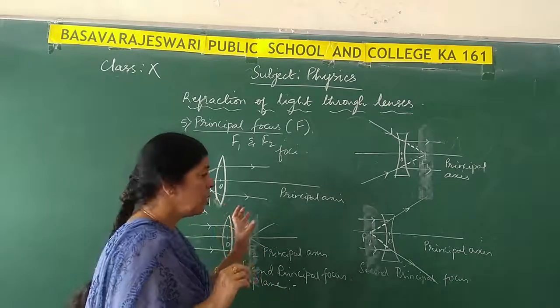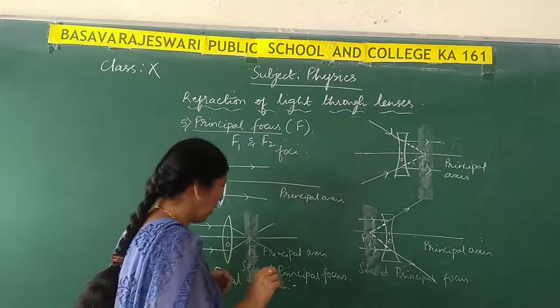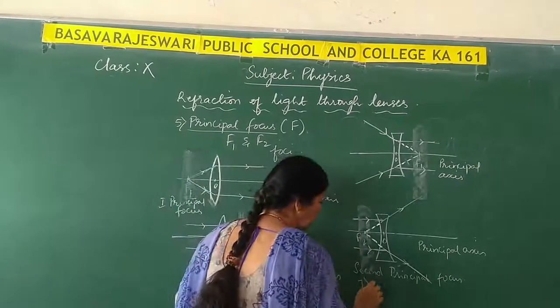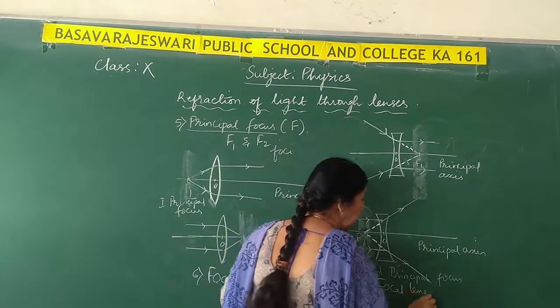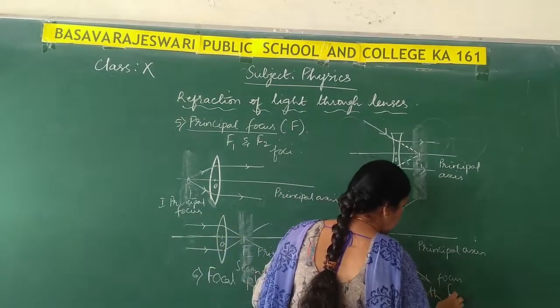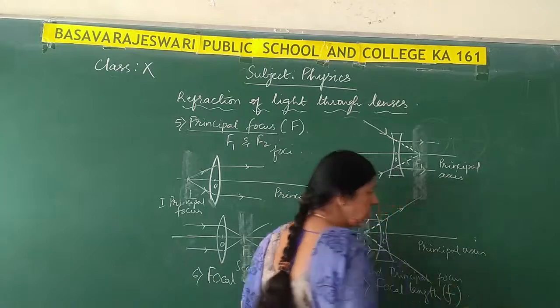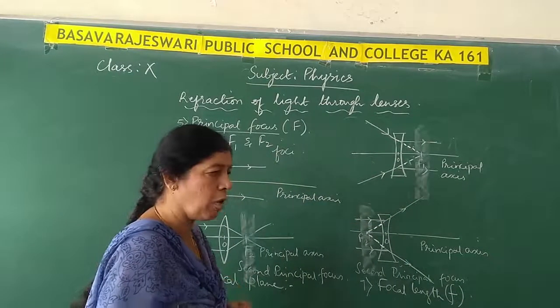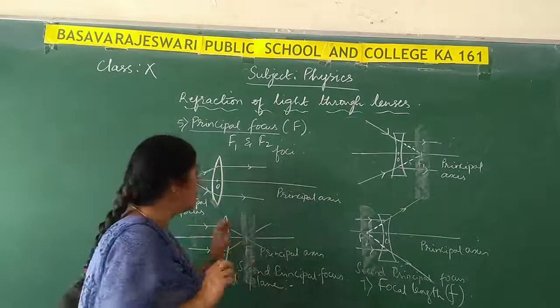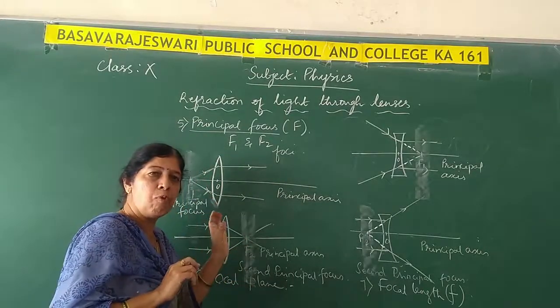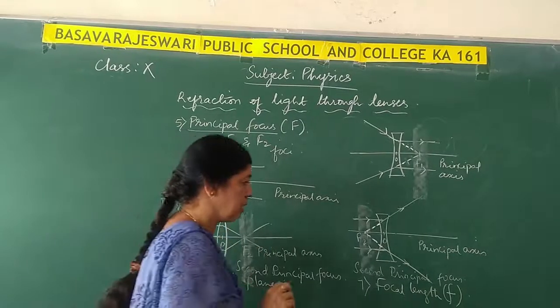So this is about principal focus and focal plane. The last term which you have to remember is focal length. Focal length is denoted by the letter small f. Understood? Now what is focal length? Focal length is the distance between the principal focus and optic center of the lens.